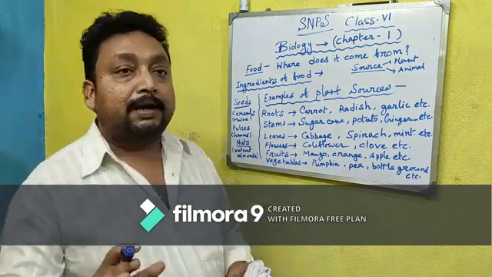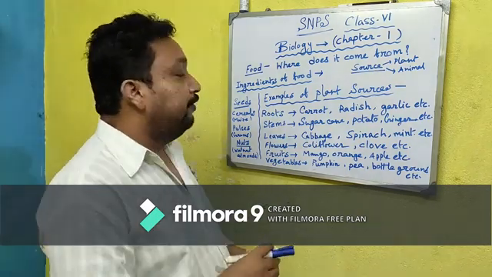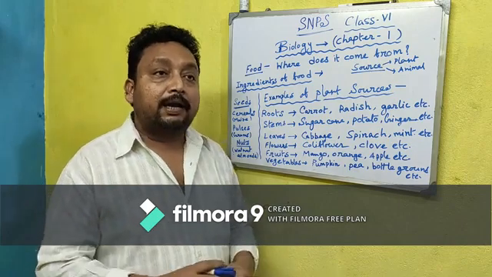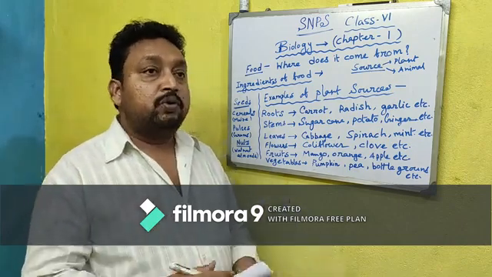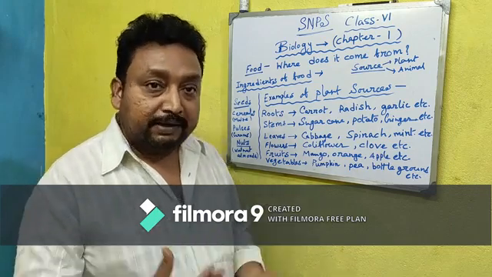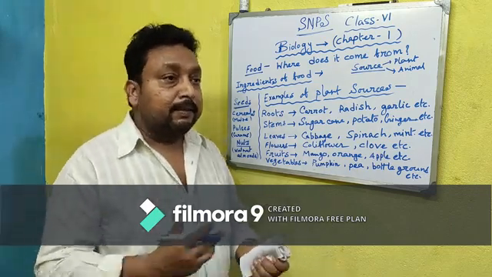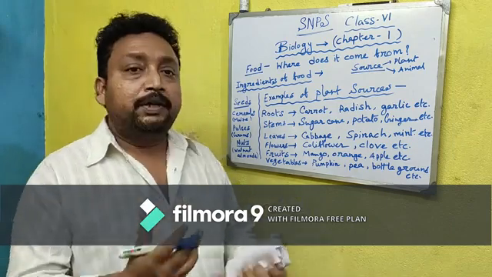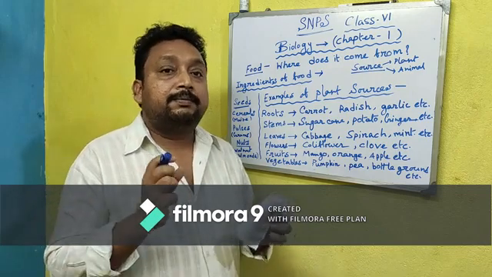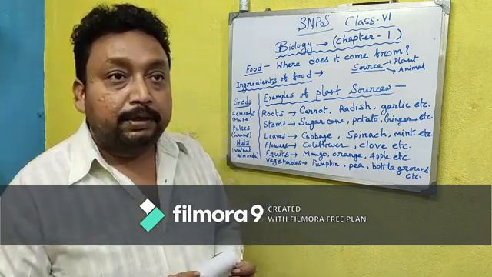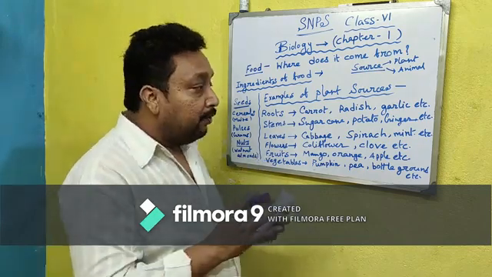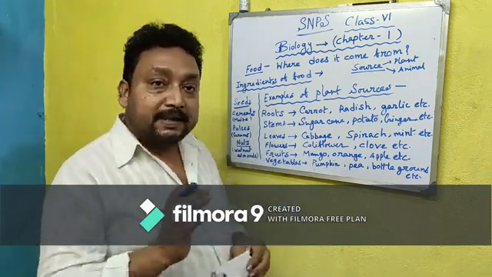So different parts of a plant give us different kinds of food, which we use to prepare different food materials. Like we prepare vegetable soup, where we use different kinds of vegetables with different kinds of spices.